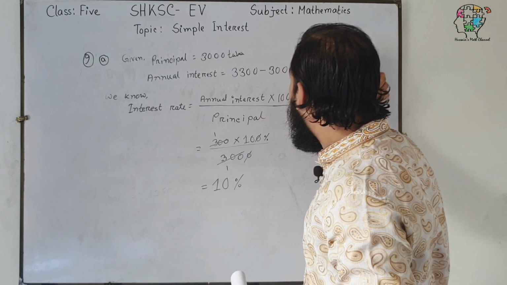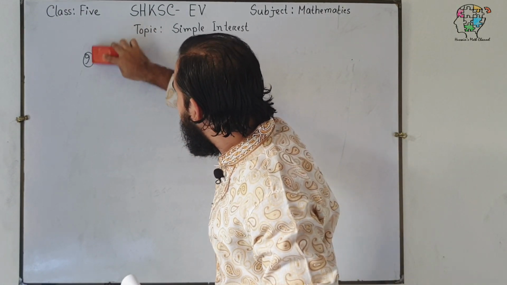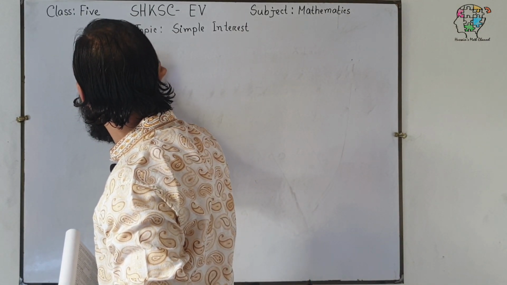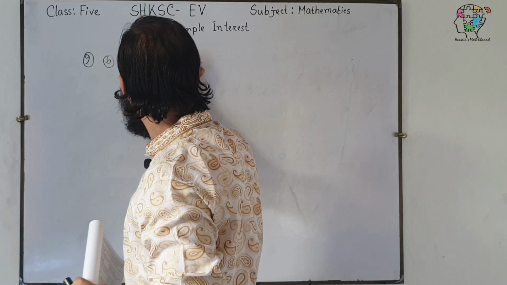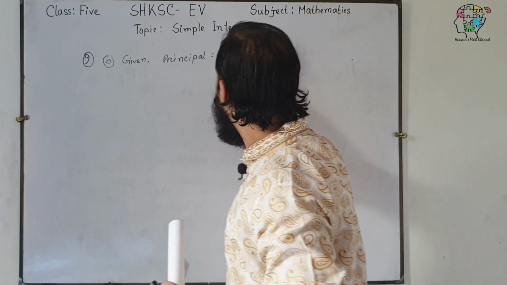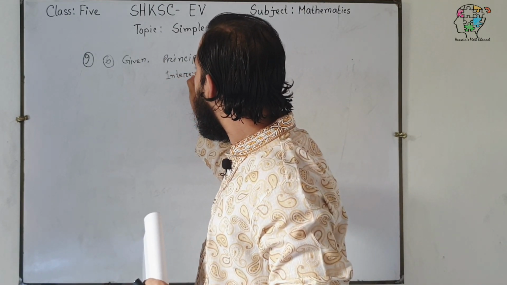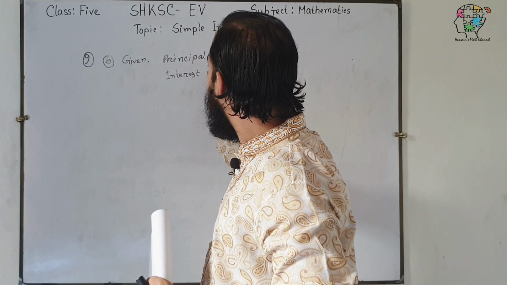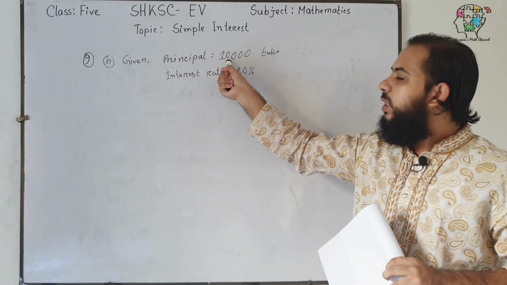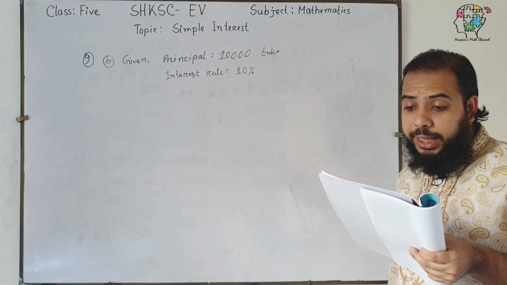So in question number B, we can write given principal is equal to 10,000, interest rate is equal to 10%. Principal amount is given in this question number B, and interest rate we already got from question number A.